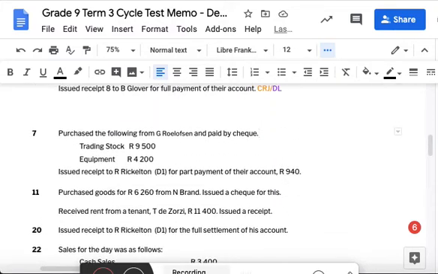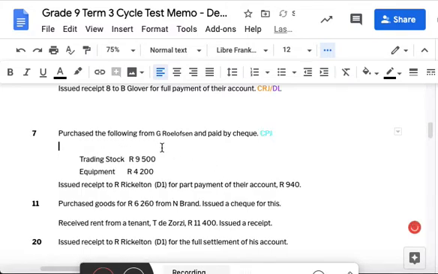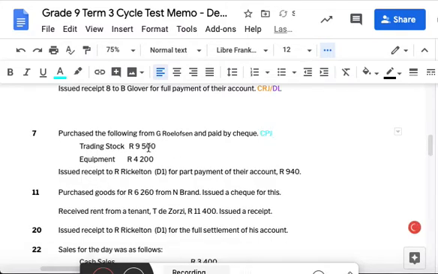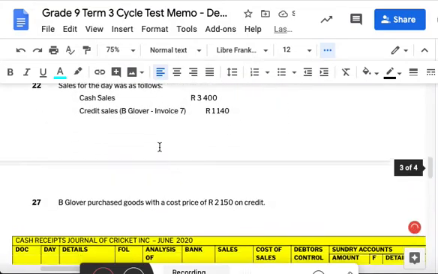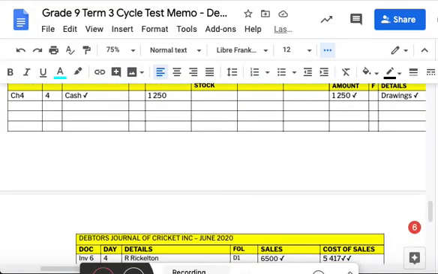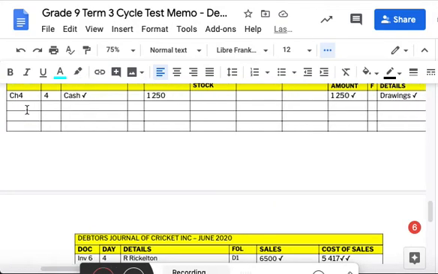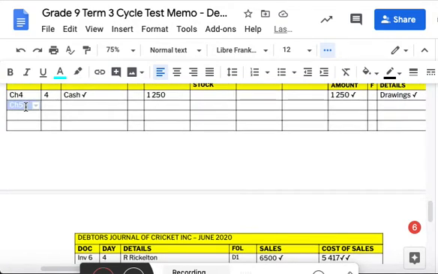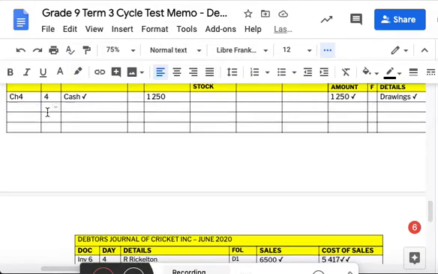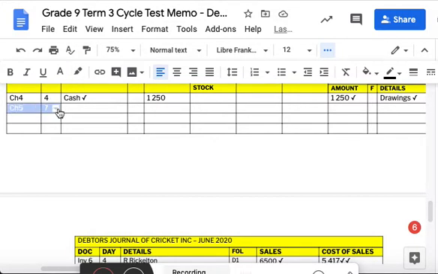We paying someone with a check? CPJ, spot on. If we now go to our CPJ, we pay Rulofson for two different things, right? What check number are we using? 5, the date. Okay, and who are we paying?